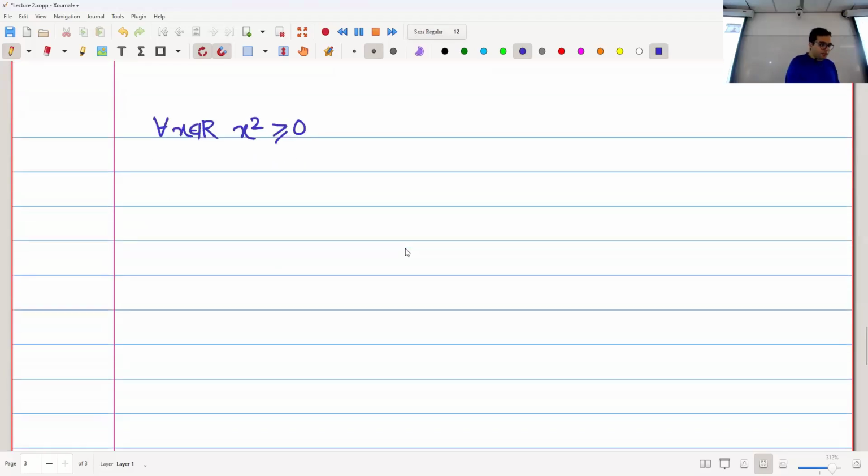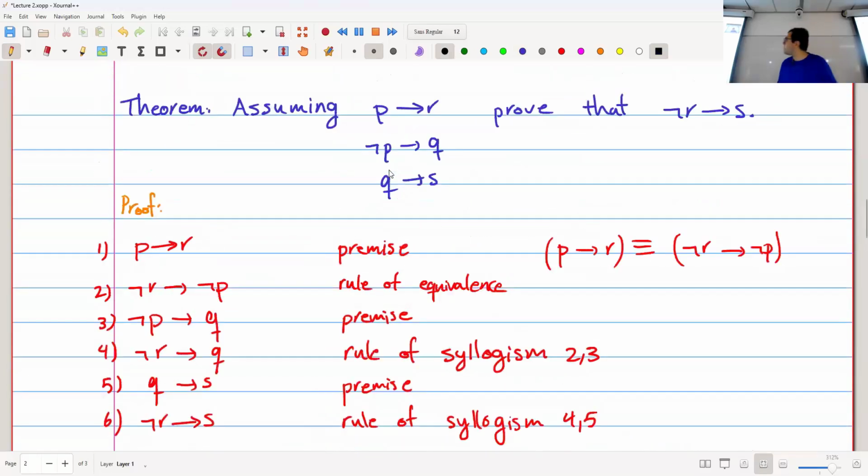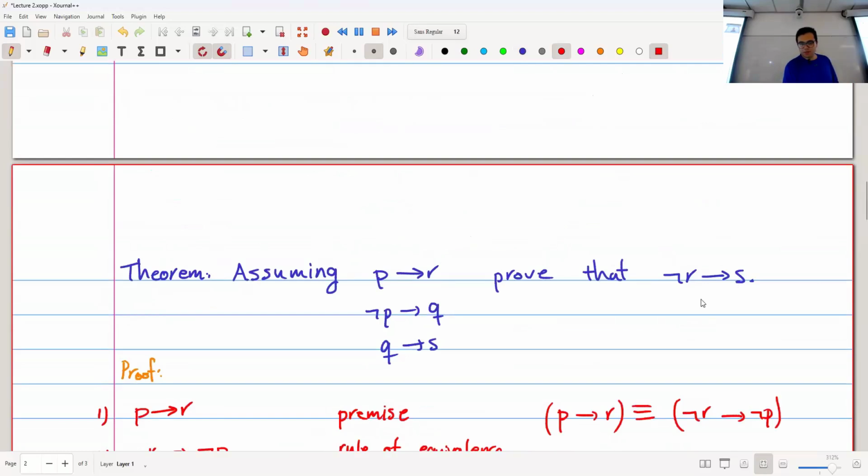So now let's see some more proof rules. Another thing I can do, going back here, is that we proved this theorem, right? As soon as I prove a theorem, I can use it as a proof rule for proving other things. I know that using these premises, I could prove this one.